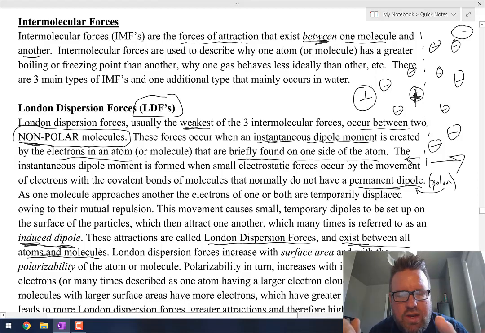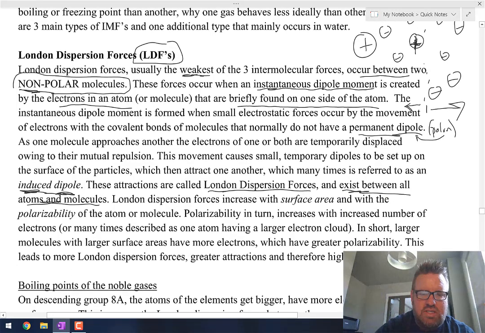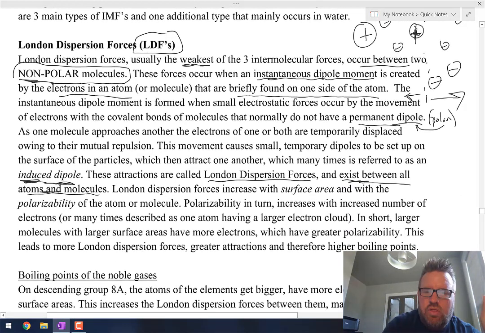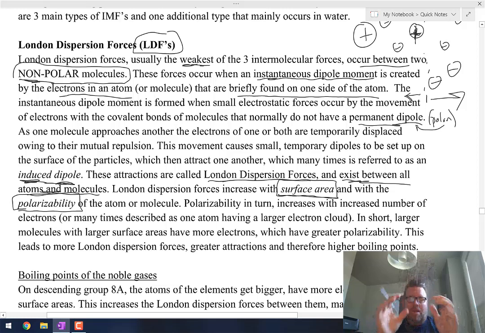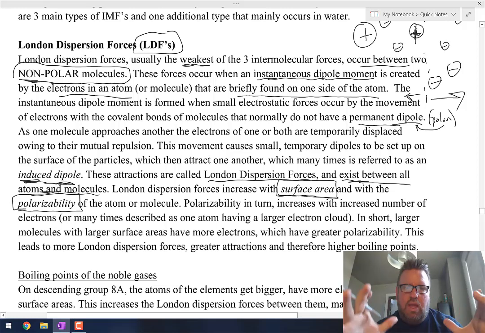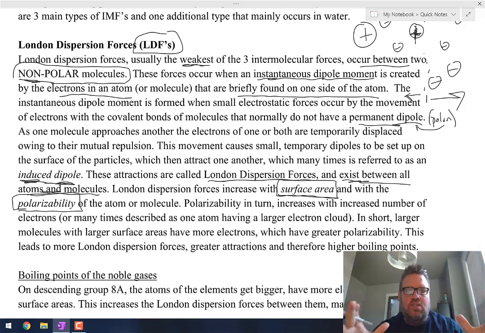Now, how are we going to describe this? How are we going to use this to discuss things? Okay, first of all, there's two things you can think about with London dispersion forces. Number one, surface area. Number two is what's called polarizability. Okay, and basically polarizability means the more electrons there are in the atom, the more likely you are to have more electrons on one side than the other.